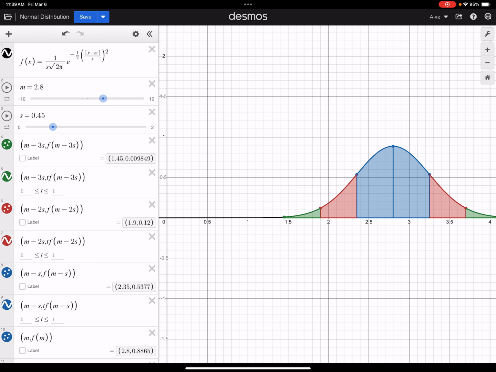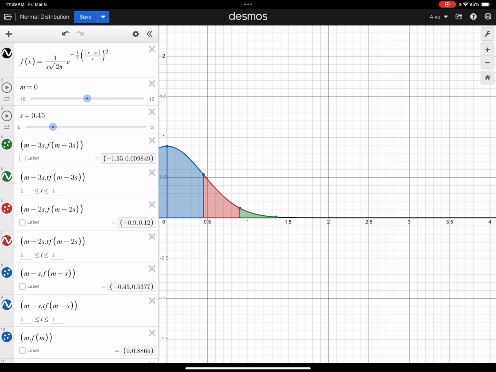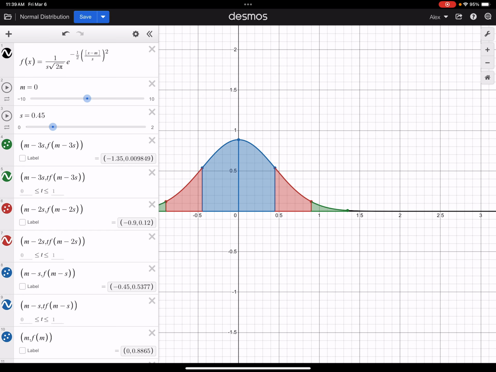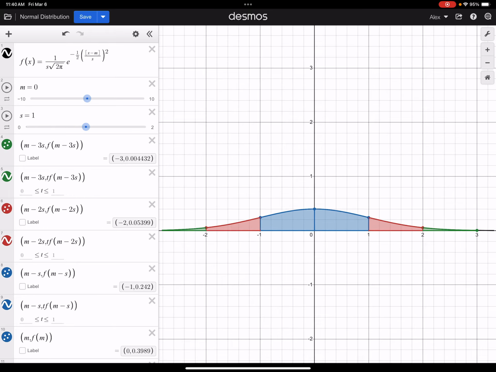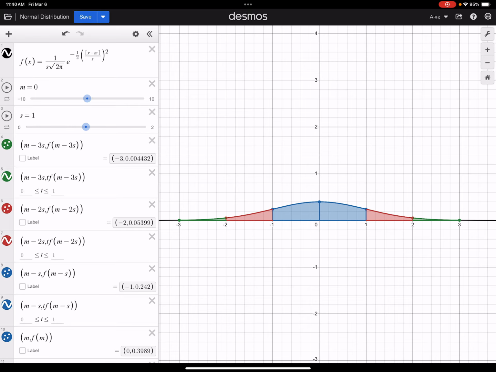Well, what's the z-score of the mean? It's 0, because the mean is 0 standard deviations above itself. And the blue region is the stuff that's 1 standard deviation away from the mean. If we want that to be 67% of the graph, then we just set s equal to 1.